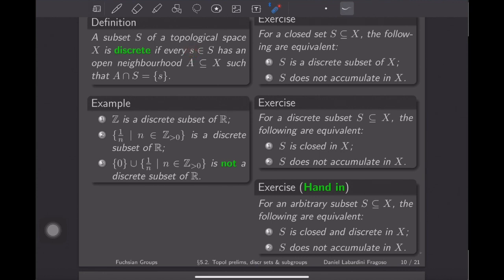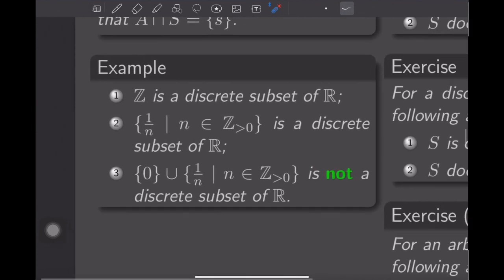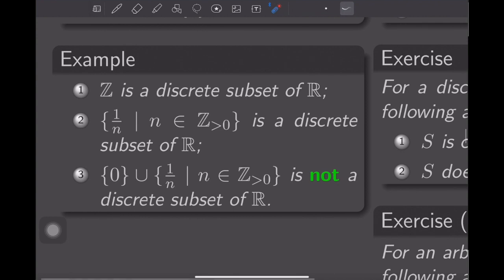The reason I say this is that, for instance, of course Z is a discrete subset of R, which is an obvious example.